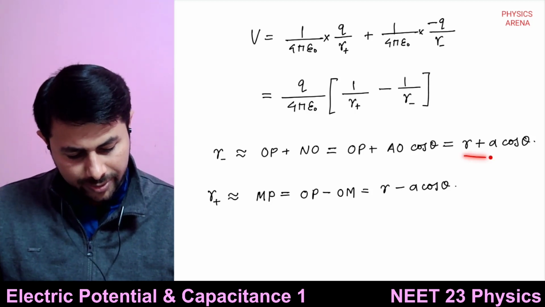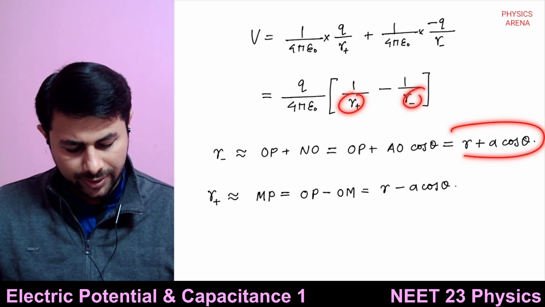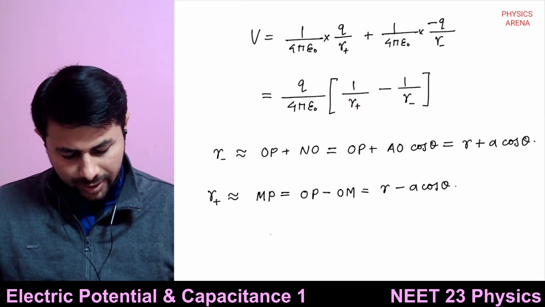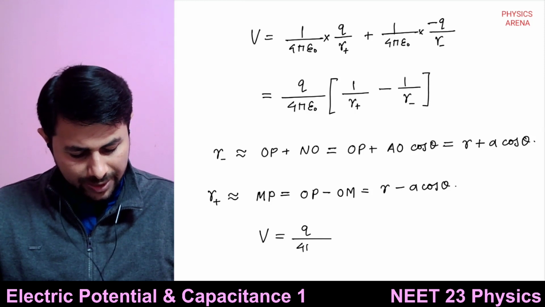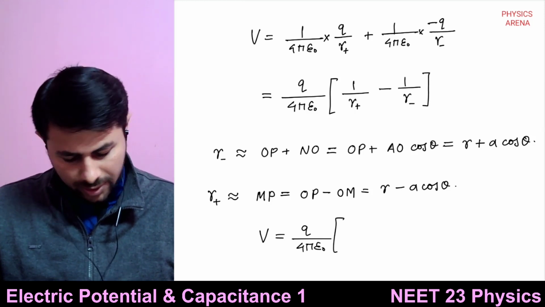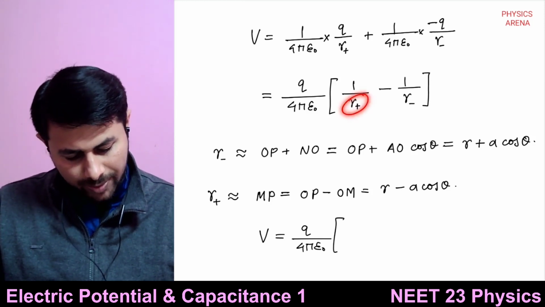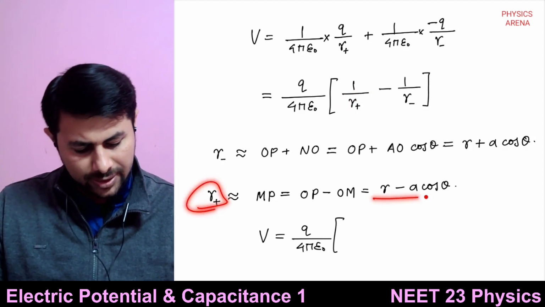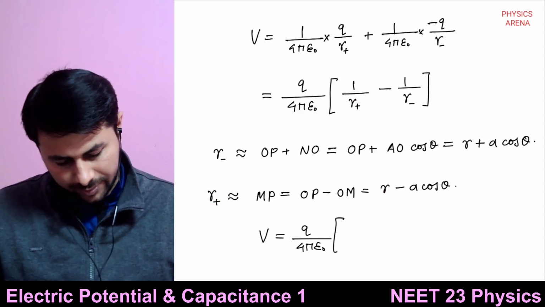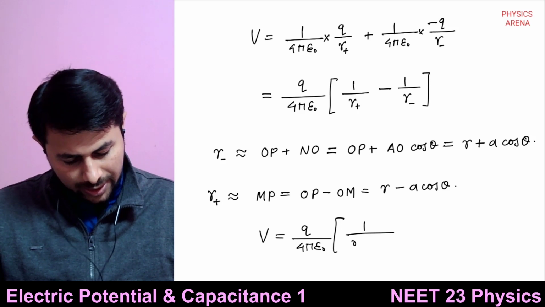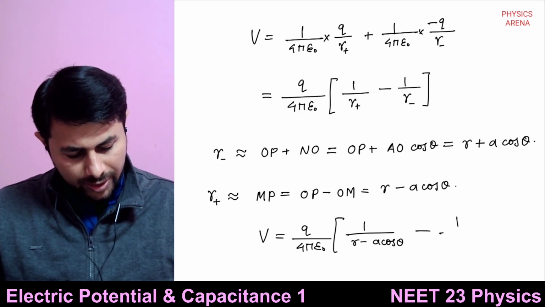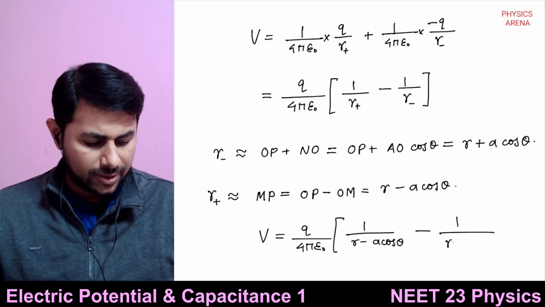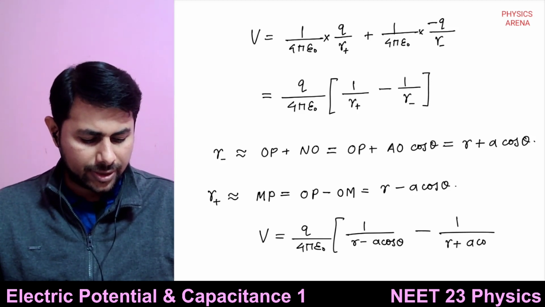Then we can substitute this in this equation. Therefore, we get potential due to dipole is q divided by 4 pi epsilon naught multiplied by 1 upon r minus a cos theta minus 1 upon r plus a cos theta.